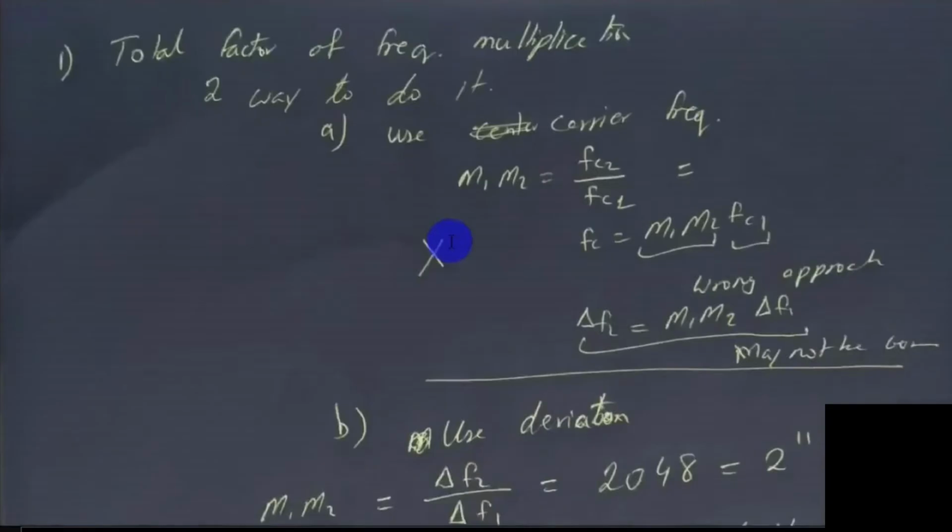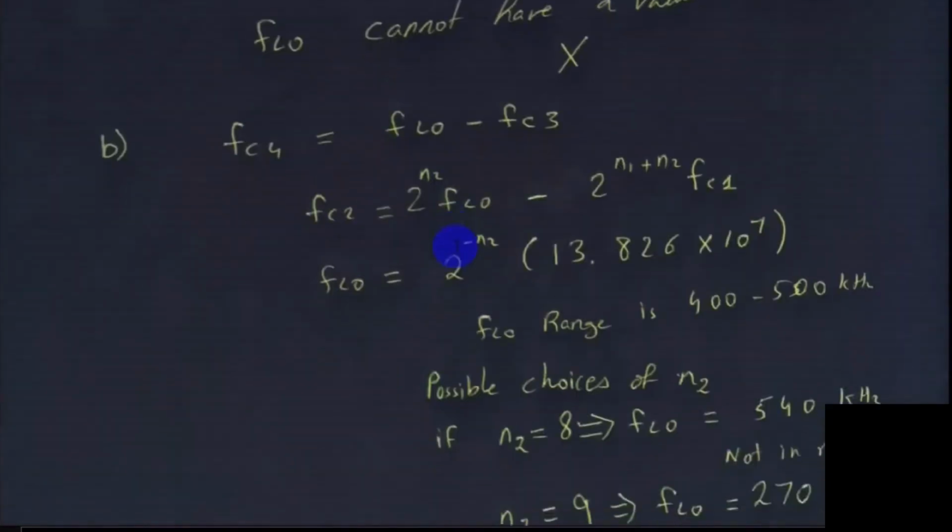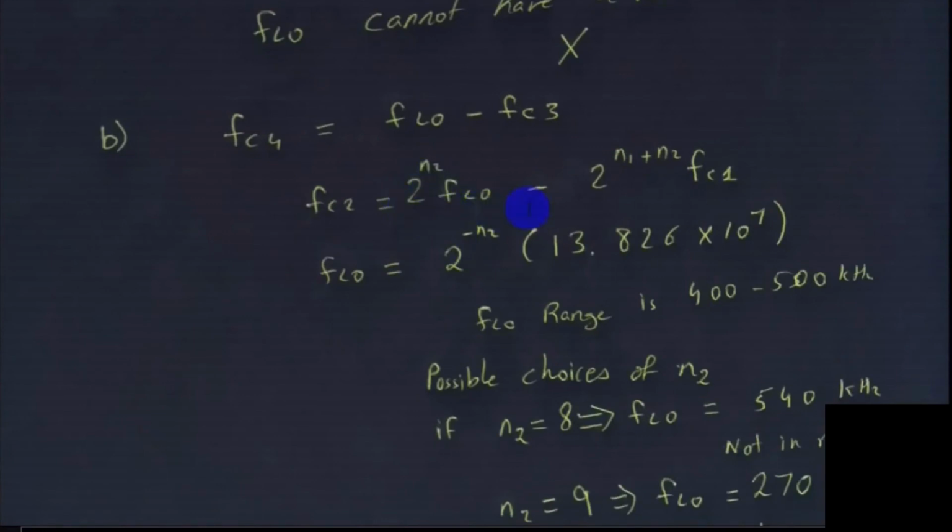This is done over here: 2 power n2 FLO minus 2 power n1 plus n2 times the carrier frequency of the narrowband FM. We know the value of this one, FC2, the output of narrowband FM, and we know the value of this, which is 2 raised to power 11, and we know the carrier frequency at the output of narrowband FM.